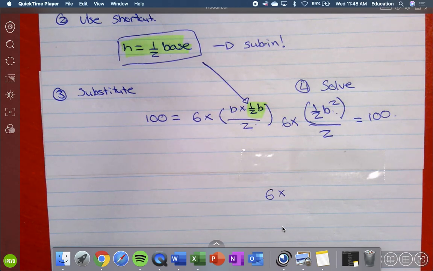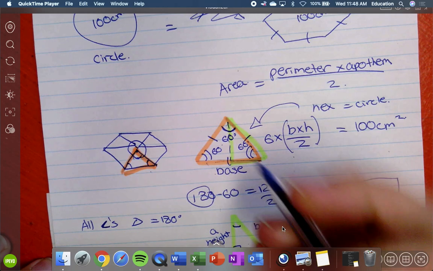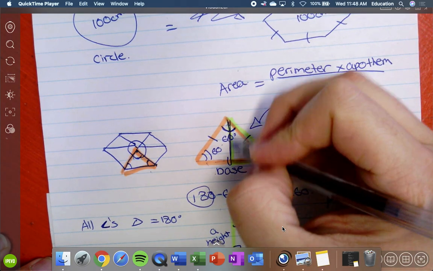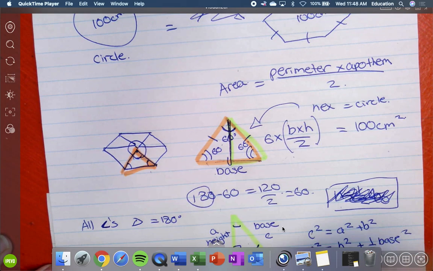We know that the height for an equilateral triangle is half the base. So it would be 2. So if you go back to this triangle up here, this base is base, what we're talking about. This here is height, so half base is the height.